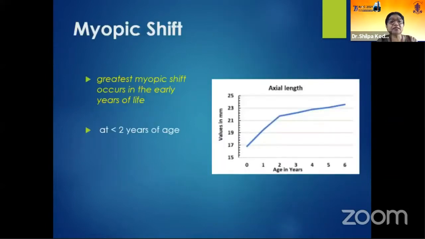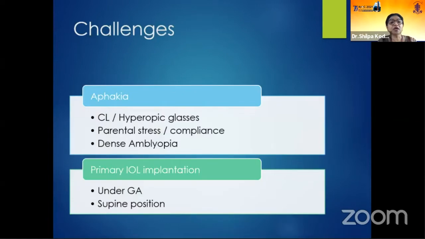So the question remains that the myopic shift is most possible when you are treating children below the age of 2, because the axial length is increasing drastically up to 1 year and from 1 to 2 years also. So what are the challenges? Now, one way of looking at it is up to the age of 2 years, you leave the child aphakic, and then after the age of 2, you put a secondary IOL implant so that the child goes towards emmetropia.